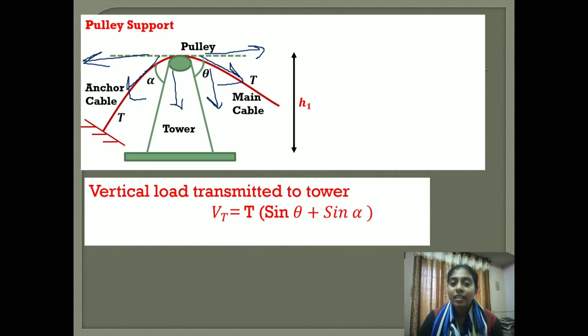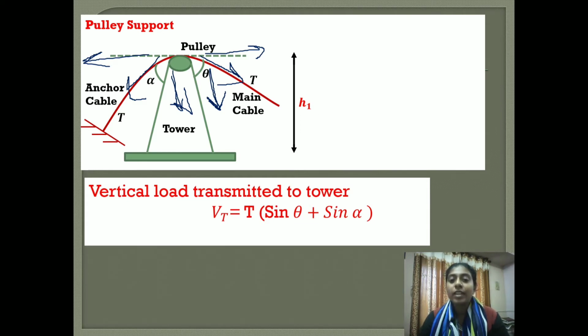When we resolve like this, the vertical force that will be transmitted to the tower, see both vertical components are downwards, so VT will be T sine alpha and T sine theta.